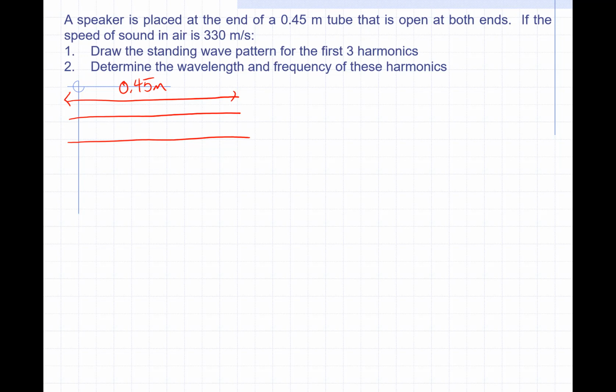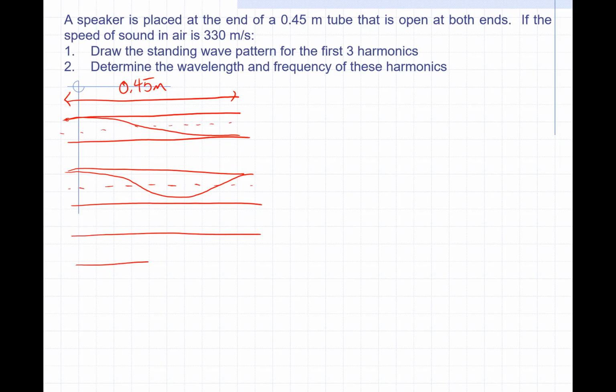Since it's open at both ends, we're going to get antinodes, which means I start with a crest. I'm going to go to a trough. It's my first harmonic. Second harmonic, I'm going to go crest to trough to crest. Third harmonic, crest to trough to crest to trough.